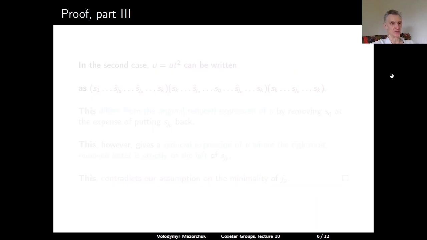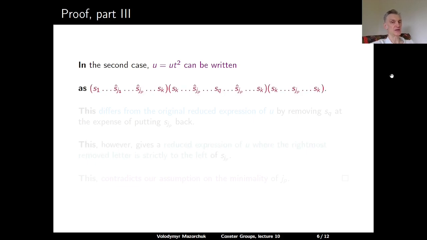So this cannot happen. In the second case, we look at the expression for u. So u is equal to u times t squared, and we can write it as our original expression for u, that's s_1 and so on up to s_k, with s_j1 and so on s_jp removed.